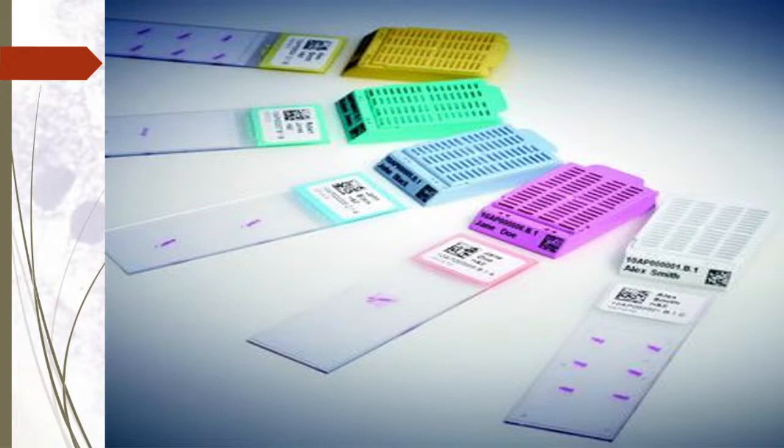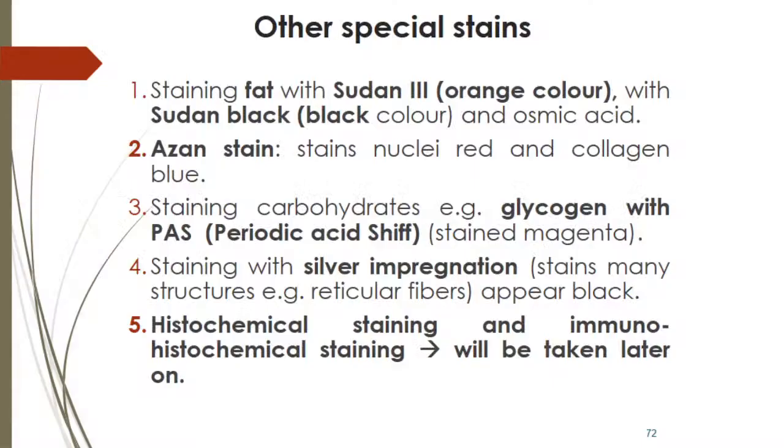And this is a result of our investigation, and you have to remember other stains, like staining fat with Sudan 3, orange color. Azan stains nuclei red and collagen blue.